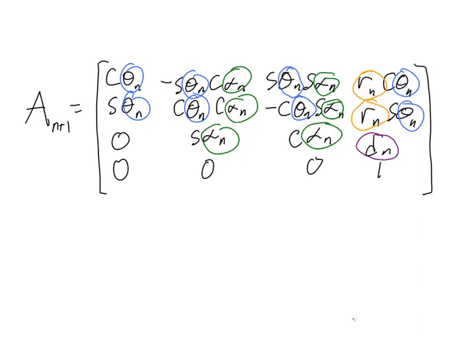Note that the use of this method relies upon having defined all of the axes, all of the coordinate frames, according to specific rules that are laid out in the video on defining coordinate axes. As long as you've defined the coordinate axes according to the Denavit-Hartenberg rules, you can use these four parameters to directly find the homogeneous transformation matrix.